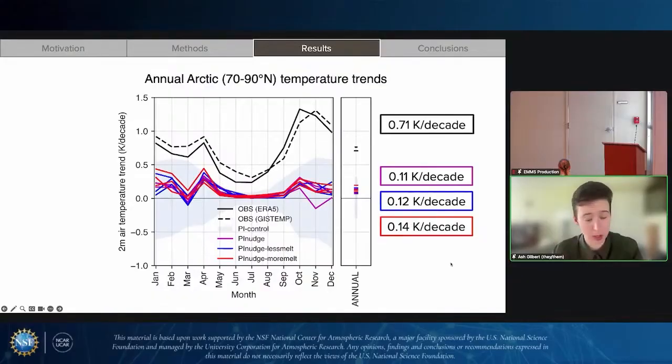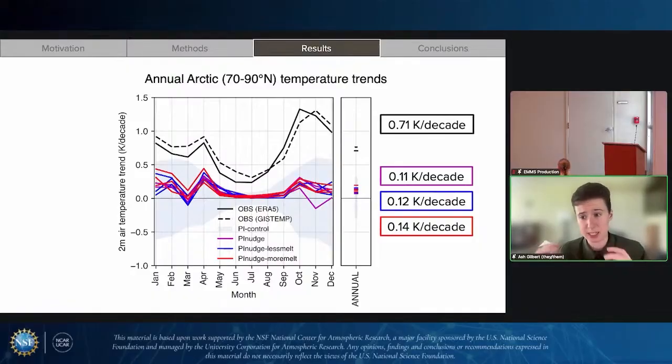For example, all the nudged experiments are between 0.11 and 0.14 Kelvin per decade annually, whereas the observations are about 0.7. And all experiments reproduce similar trends regardless of mean state.